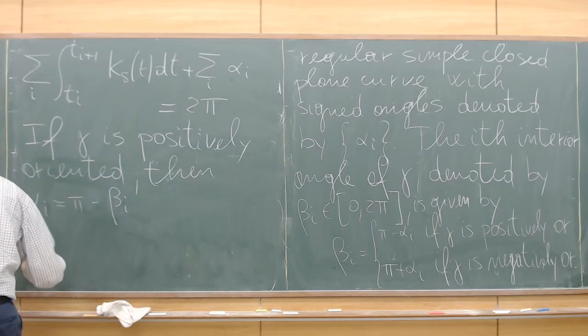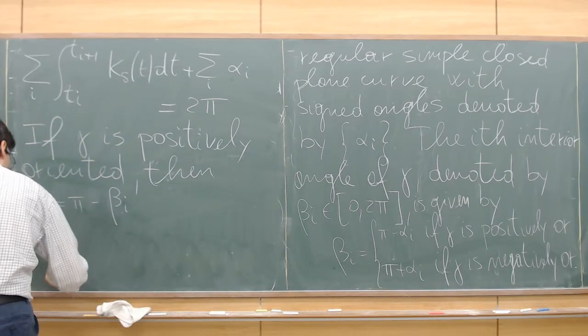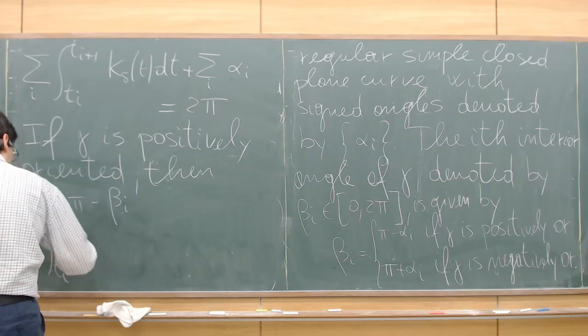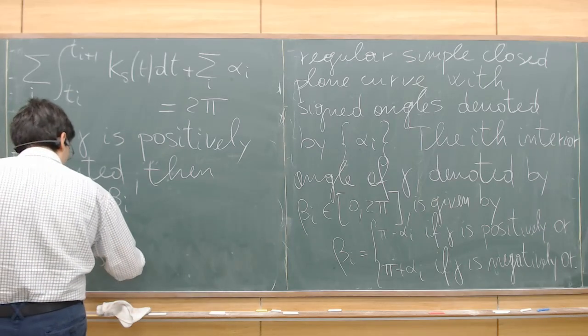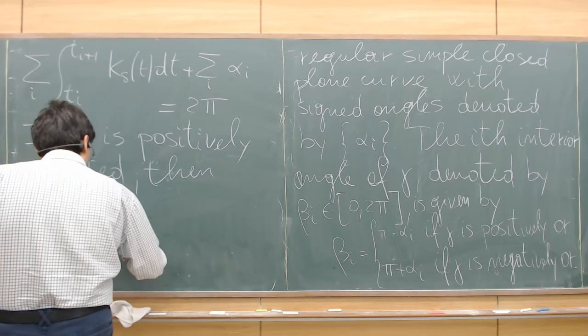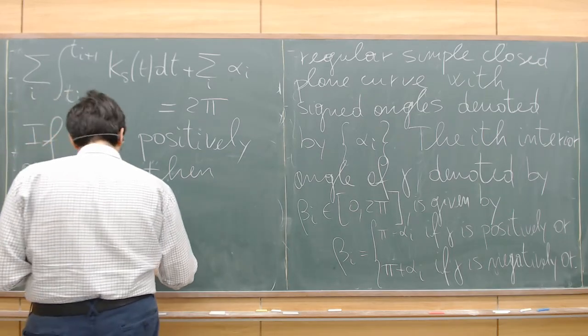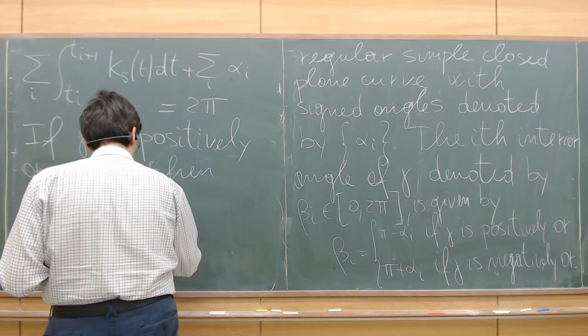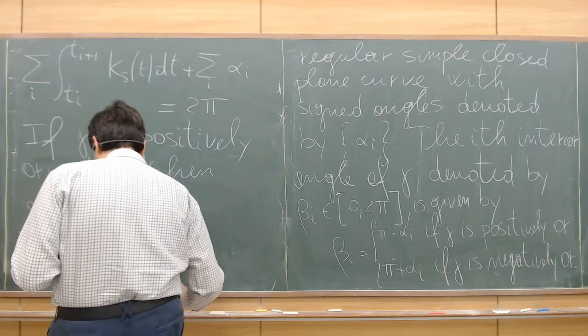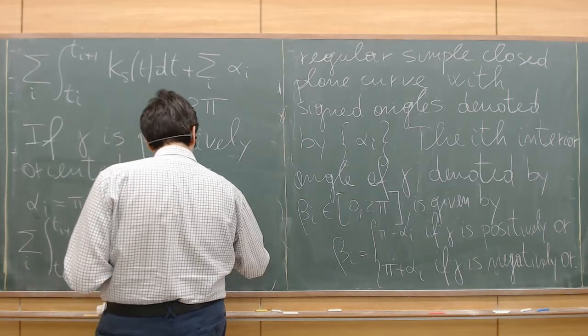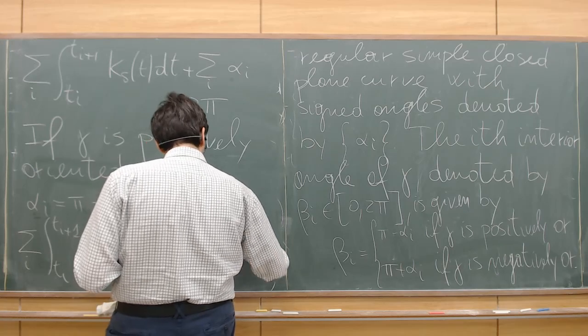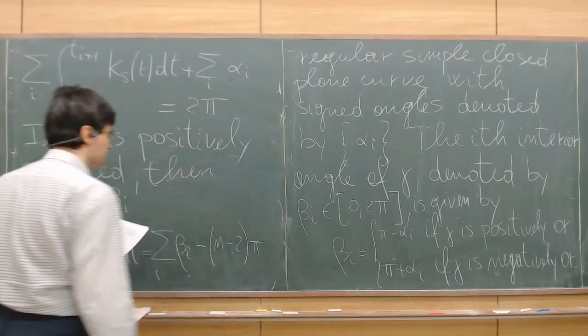sum on I of the integral from Ti to Ti plus 1 of Kst dt. This is equal to sum on I of beta I minus n minus 2 pi.